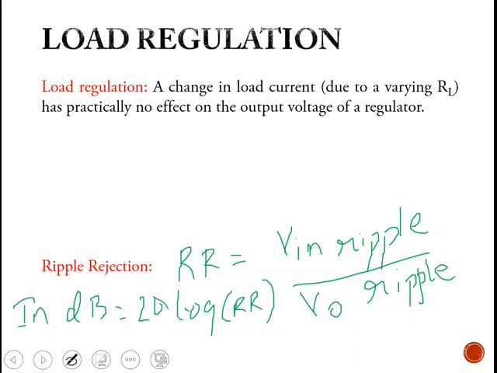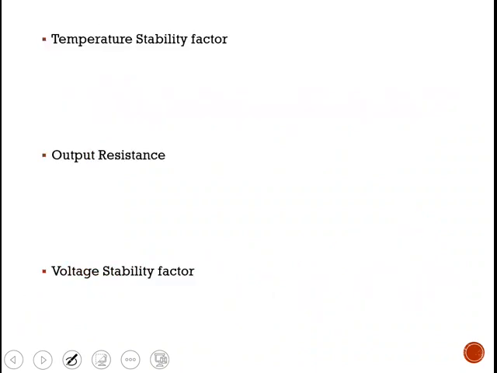So our next performance parameter is temperature stability factor. Whenever there is a variation in the temperature of this system, the output varies.